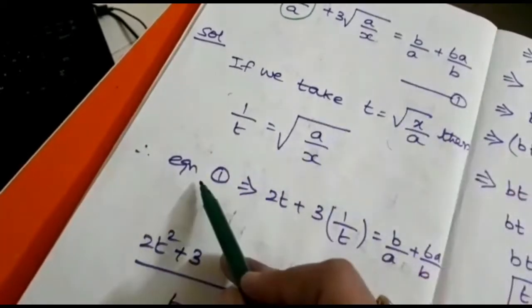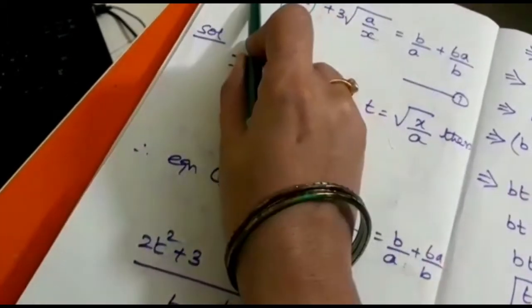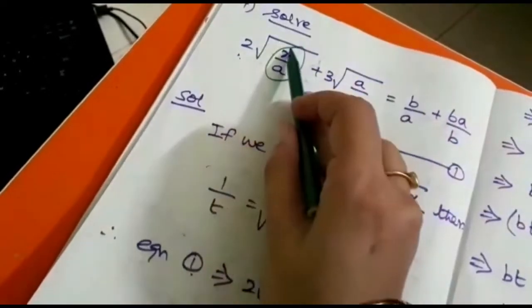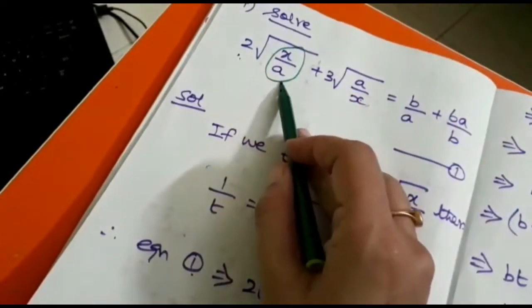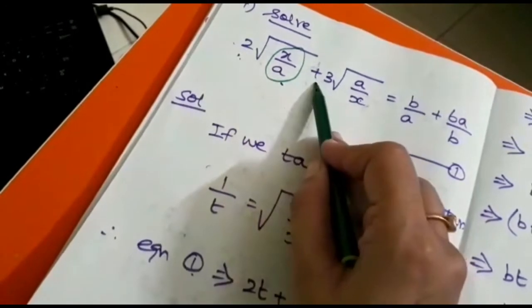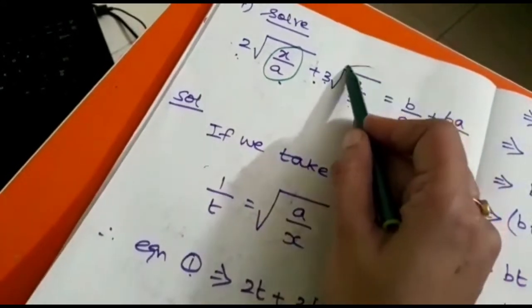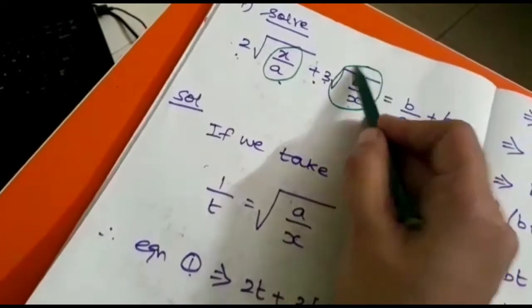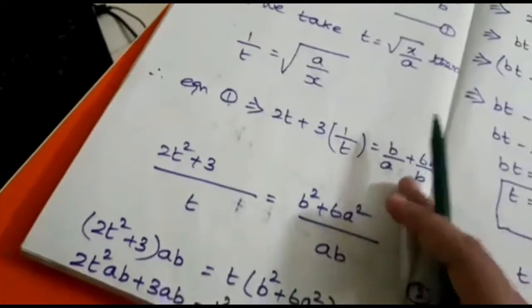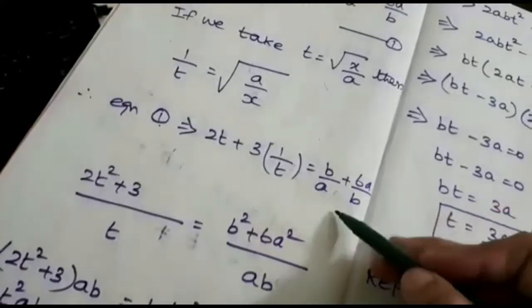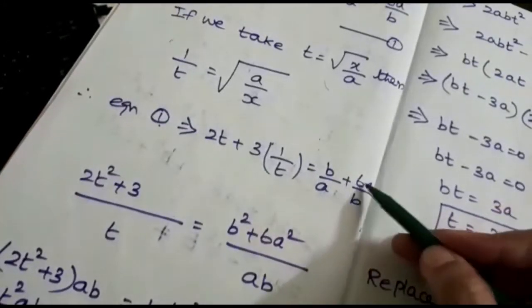Therefore, the equation 1 I can write as 2 into, instead of square root of x by a I have taken as t, so 2t plus 3 into 1 by t, because this one I have taken as 1 by t, is equal to b by a plus 6a by b.